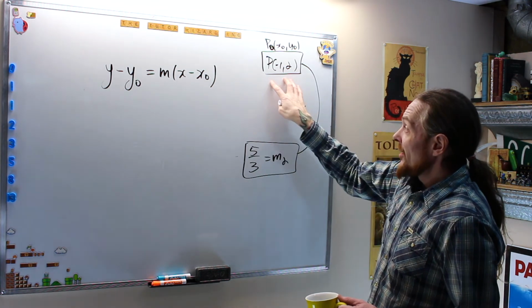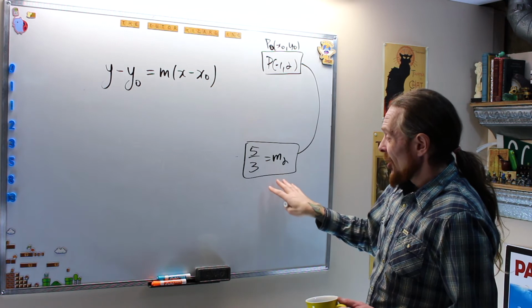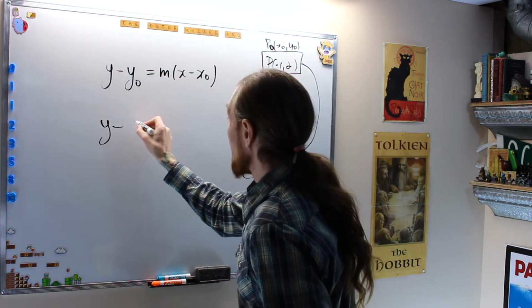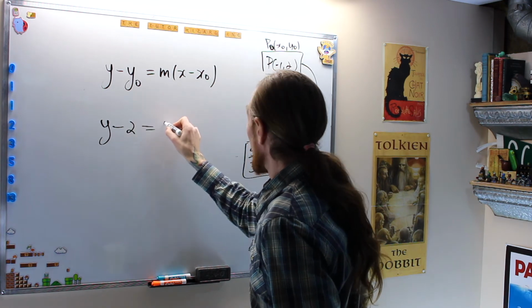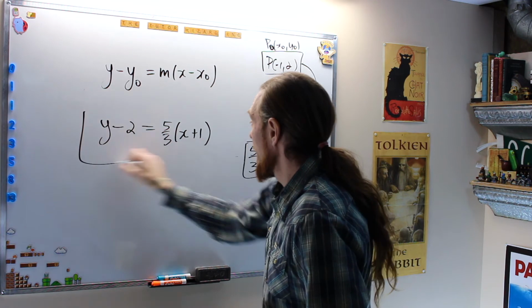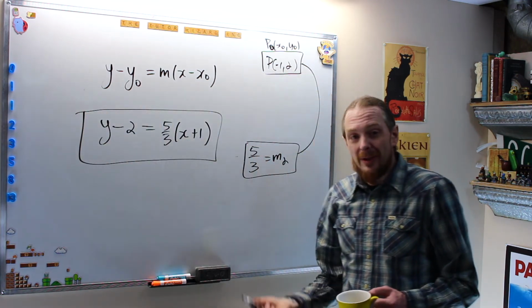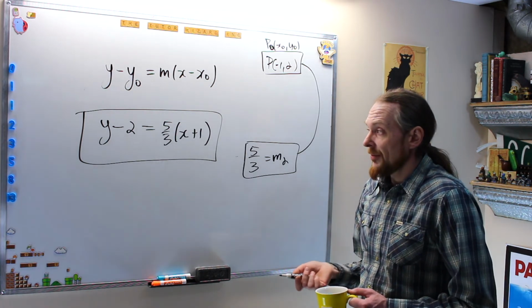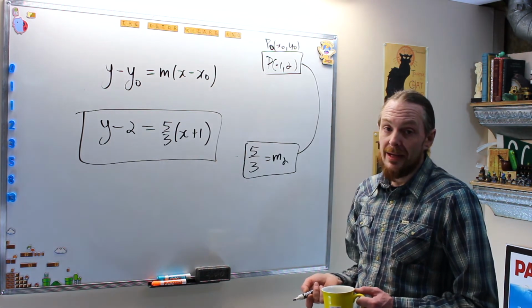I have a point P naught, which is x naught, y naught, and a slope m2, which is 5 over 3. So this becomes y minus 2 equals 5 over 3 times x plus 1. You can simplify if you want to put it in slope intercept form, but this is the equation of that line, L2.